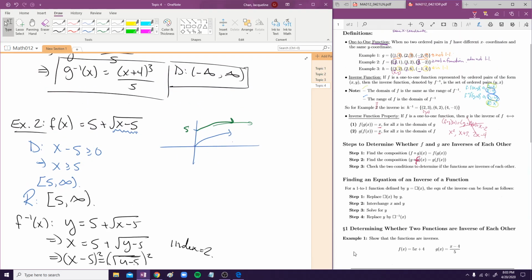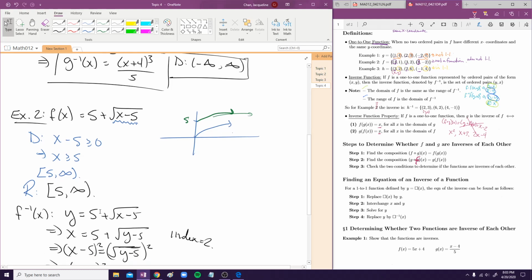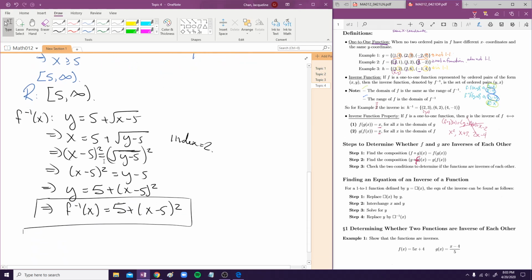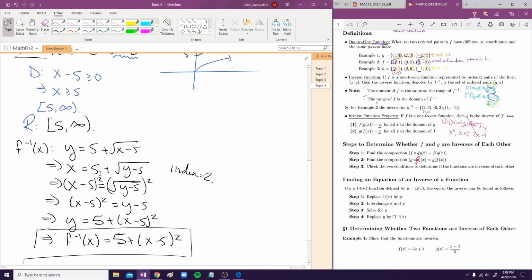And keep note that for the inverse function property, these are inverses for all of the x in the domain of G, and for all of the x in the domain of F. So they have to be able to map to each other. Right?